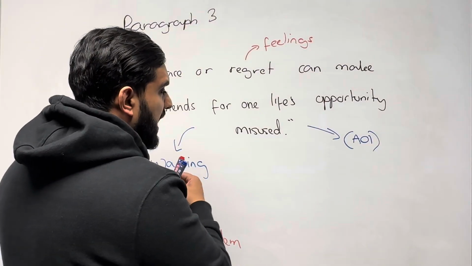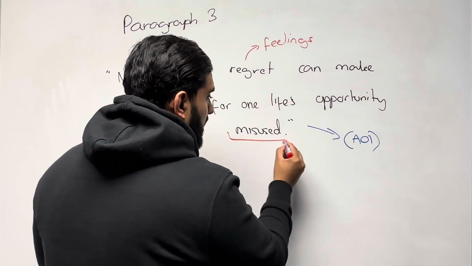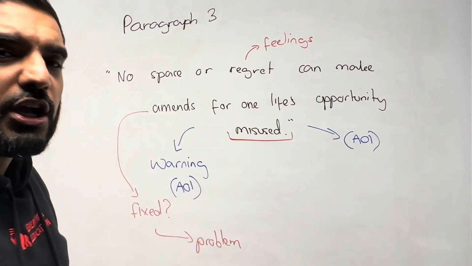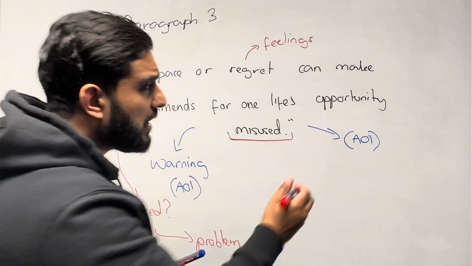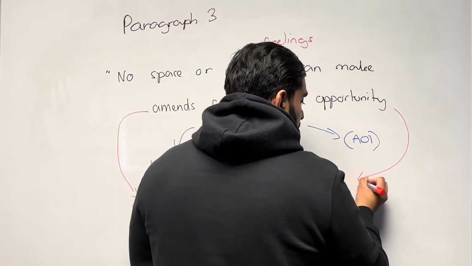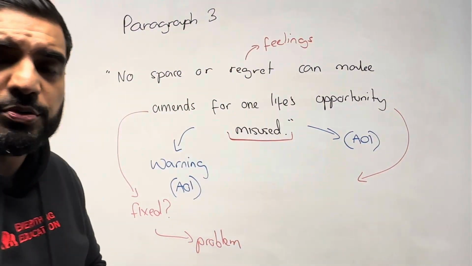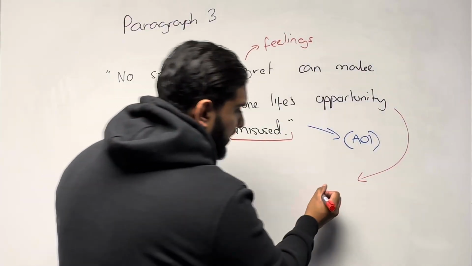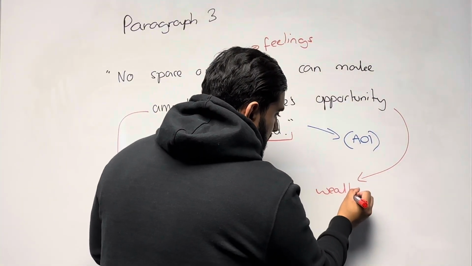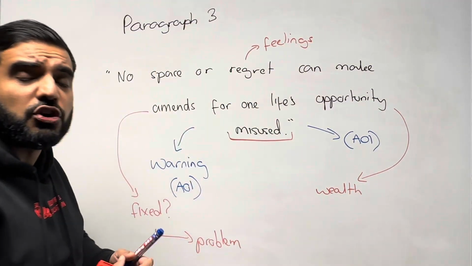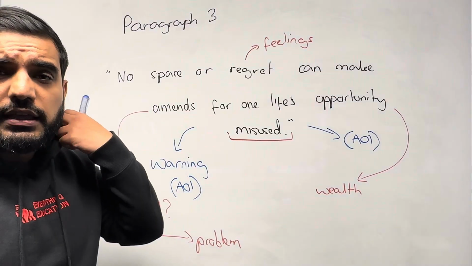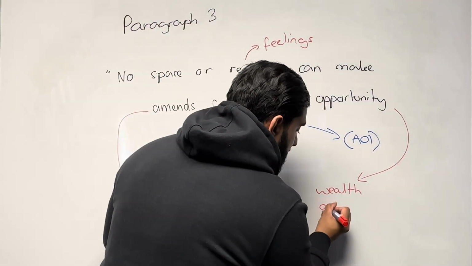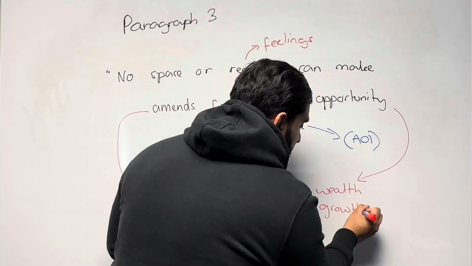This is probably the most powerful word in the entire quote, misused. But let's look at opportunity first. For the character of Scrooge, what does he see as opportunity? He sees wealth as opportunity, the chance to earn more money. He sees growth, the idea of being able to grow his business.